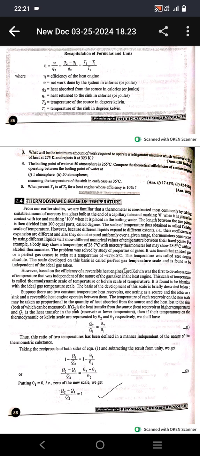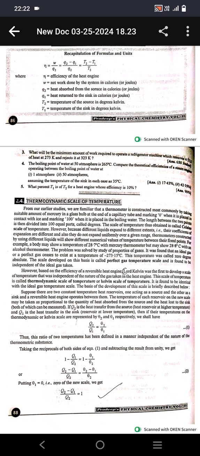Suppose there are two constant temperature heat reservoirs, one acting as a source and the other as a sink, and a reversible heat engine operates between them. The temperature of each reservoir on the new scale may be taken as proportional to the quantity of heat absorbed from the source, and the heat lost to the sink.